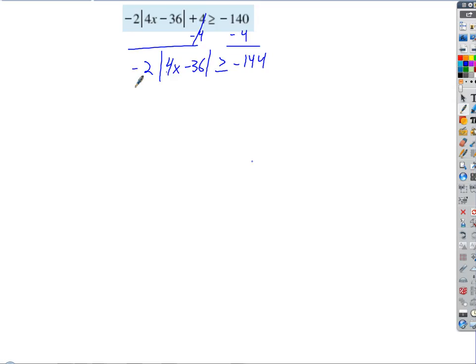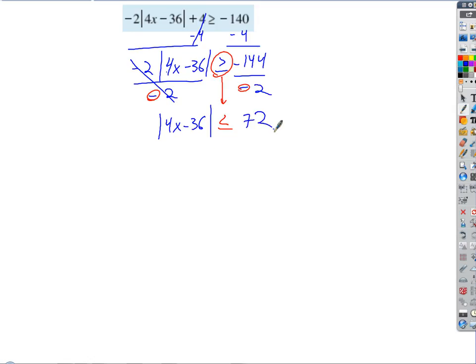So I'm going to divide each side through by negative 2. But remember, once again, if I divide by a negative, I've got to flip the direction of the inequality sign. And so I get the absolute value of 4x minus 36 is less than or equal to positive 72.